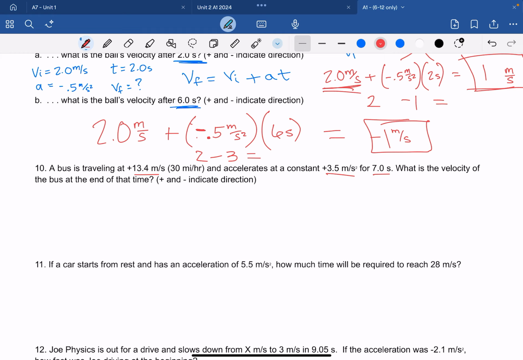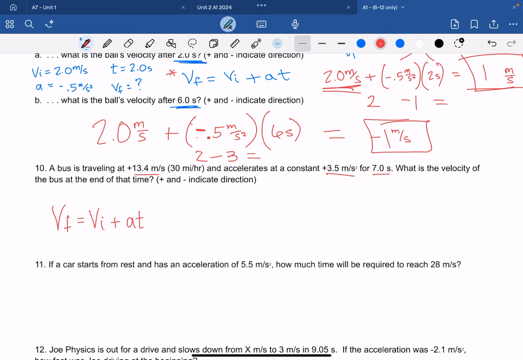Awesome. So just like the previous problem, we're going to have to solve for final velocity. So we're going to use this same equation that is up here for final velocity. It's just your initial plus acceleration multiplied by time, which in this case, I'll just rewrite the formula first. Final velocity equals your initial plus acceleration multiplied by time. It says the bus is traveling at 13.4 meters per second.